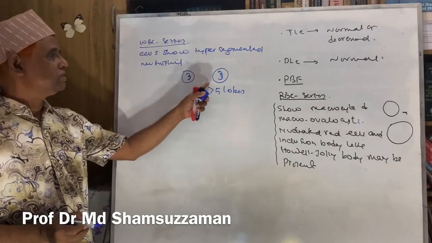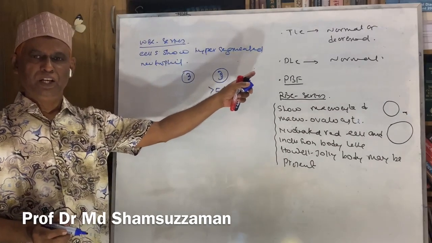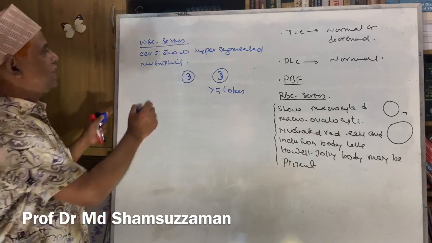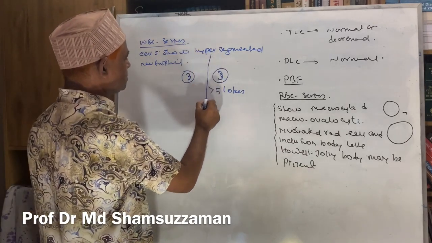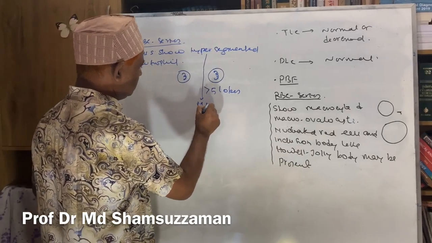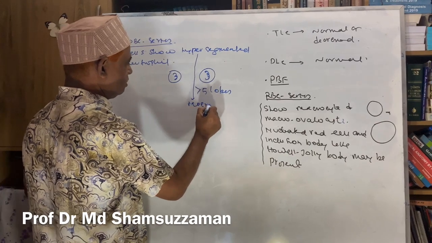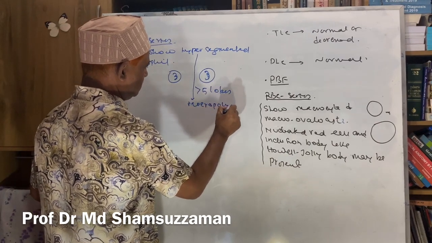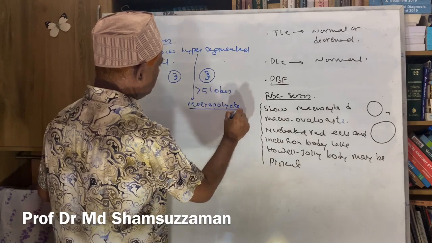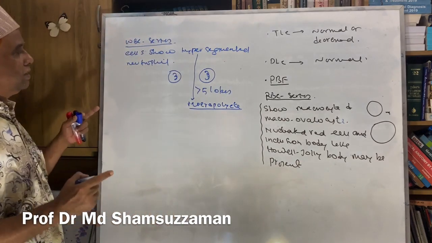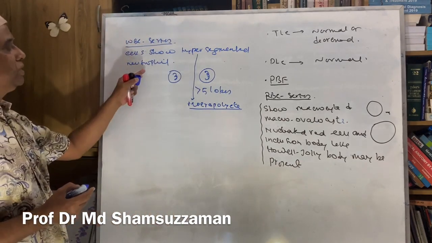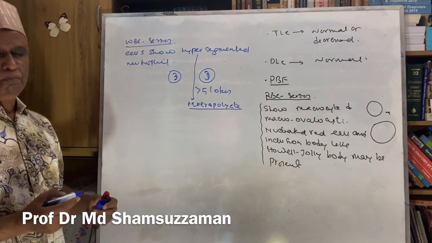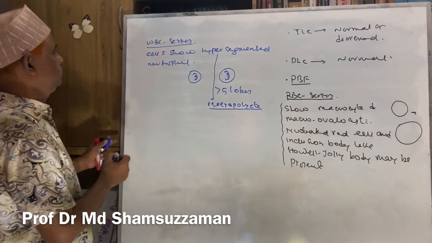It is a characteristic feature of megaloblastic anemia in peripheral blood. This hypersegmented neutrophil is also called macropolycyte. So hypersegmented neutrophil or macropolycyte is a characteristic feature in the WBC series in peripheral blood of megaloblastic anemia.